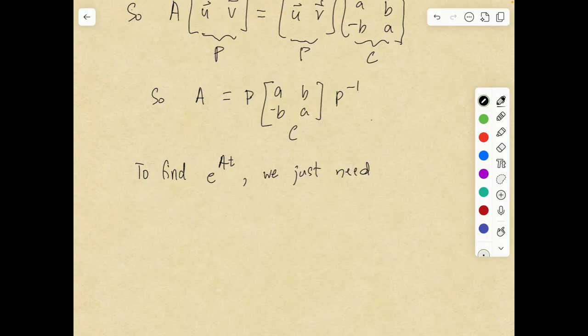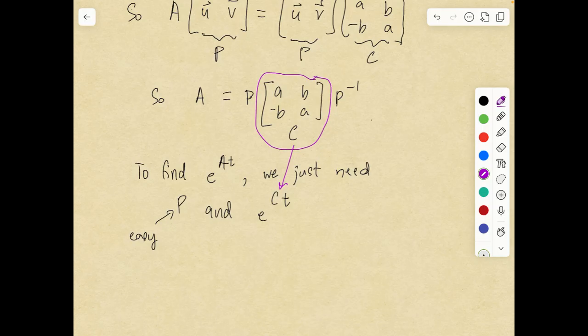The columns of e to the At give you the solution space. So to find e to the At, we just need to find P, which we know how to do because we know how to find the eigenvalues and the eigenvectors. So we just need P, which I explained is easy. And we need e to the Ct, where C is this matrix.